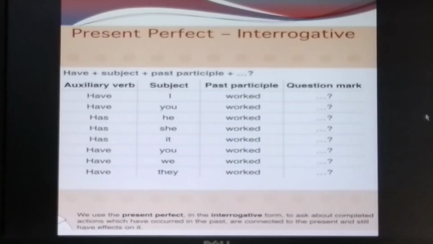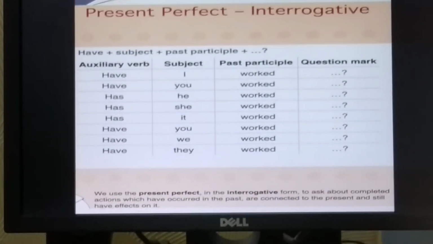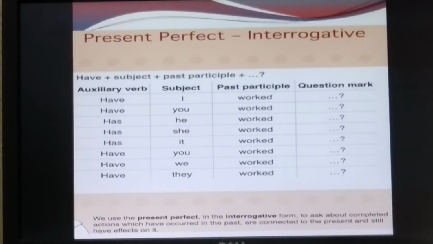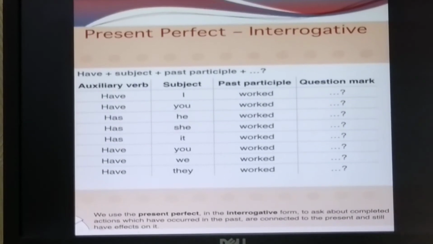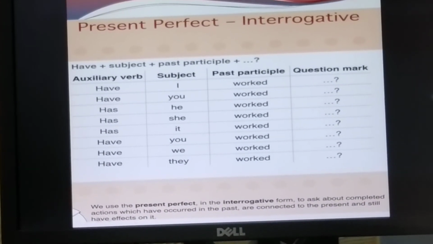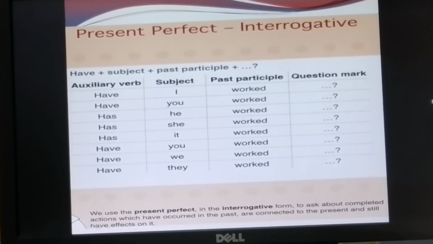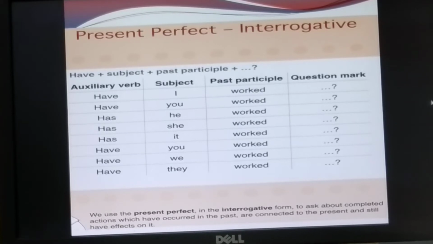Here, we will start the question by using have or has, then we will use the subject, and then we use the past participle form of the verb. We use the present perfect in the interrogative form to ask about completed actions which have occurred in the past, are connected to the present, and still have effects on it. In case of interrogative sentence, we will use a question mark at the end.